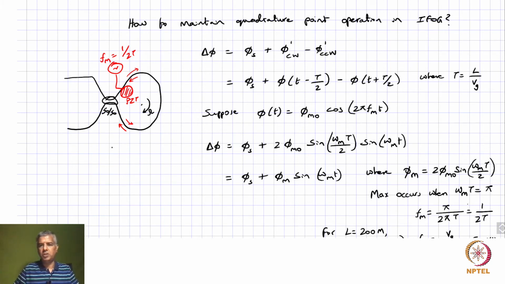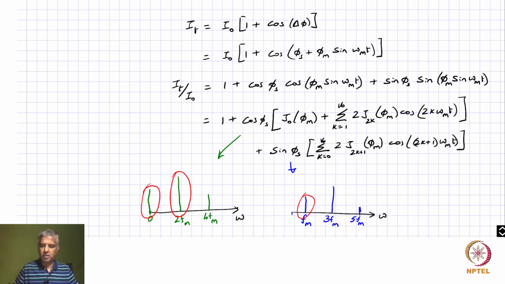Now you need to make sure that you are switching at a frequency such that within that round trip it goes from one phase value to another phase value, and you can maintain that phase so that you can achieve maximum phase operation. Okay. So that is the key difference as far as an IFOG is concerned, but at the end of the day, when you look at picking up phase, you are picking up at very specific frequencies.